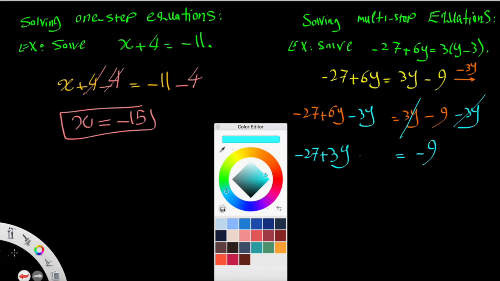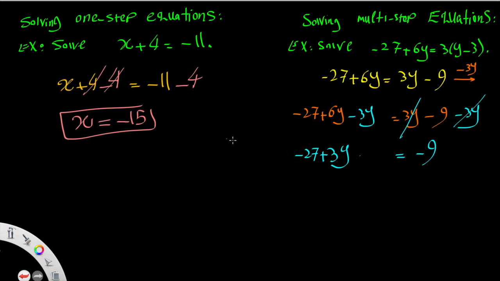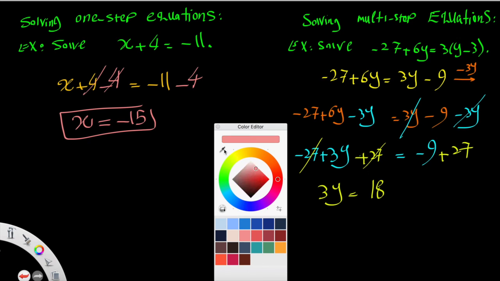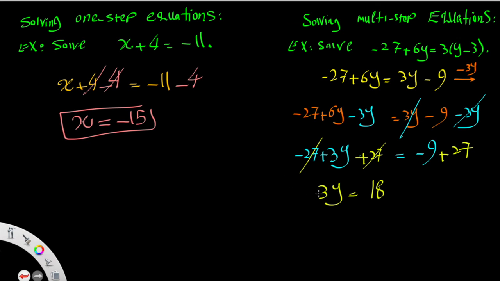Now, again, on the left hand side you have unknown and known. I'm going to get rid of this negative 27, so I add 27 to both sides. So 3y is equal to minus 9 plus 27, which is 18. Now, this equation gives you 3y while I'm looking for y.